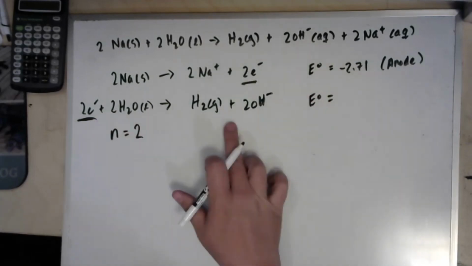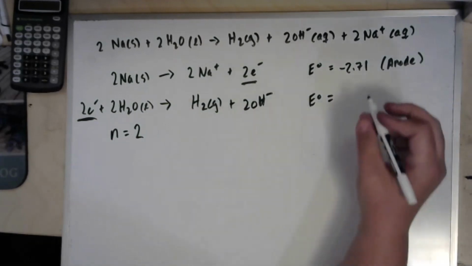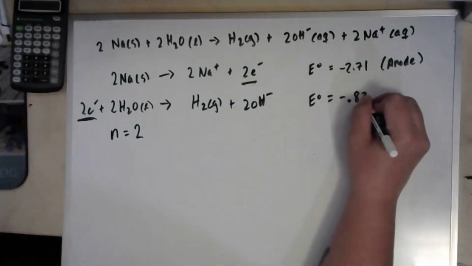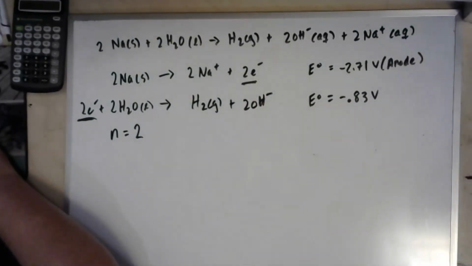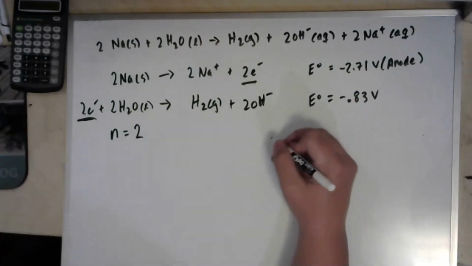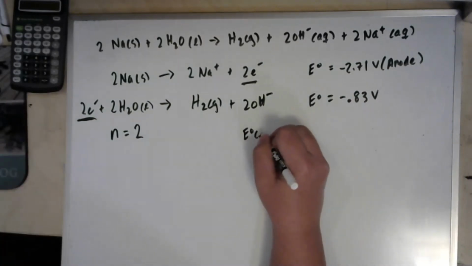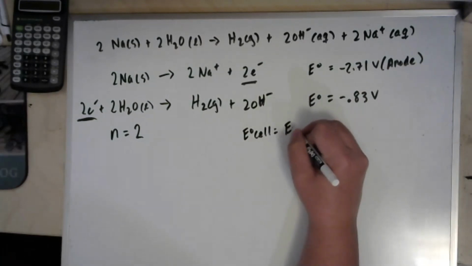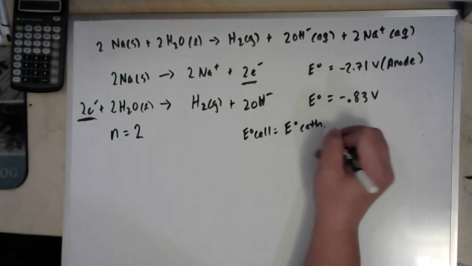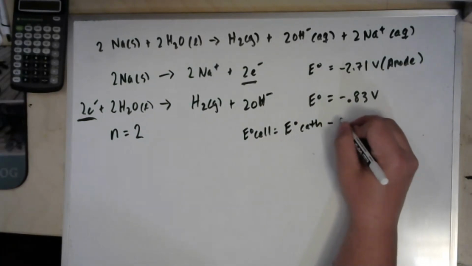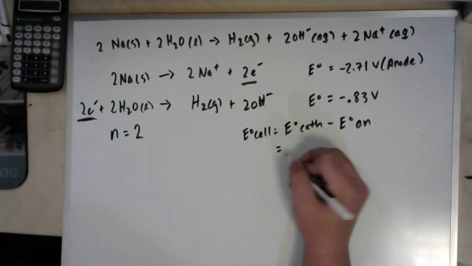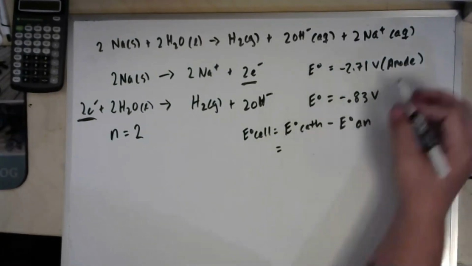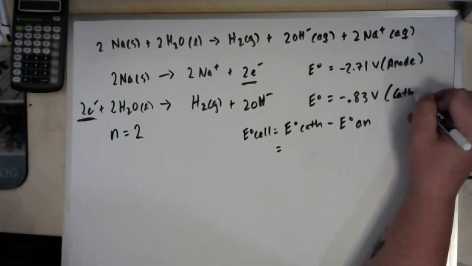The E value for this half reaction, if we look it up in our table, is going to be negative 0.83. Okay, so now we're going to calculate our E cell. So we're going to have, oh, I should write cathode after that one.